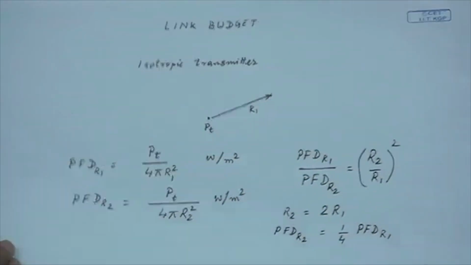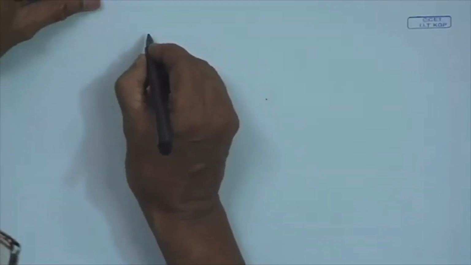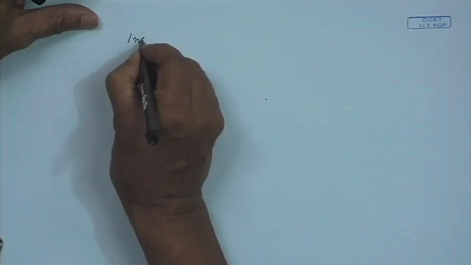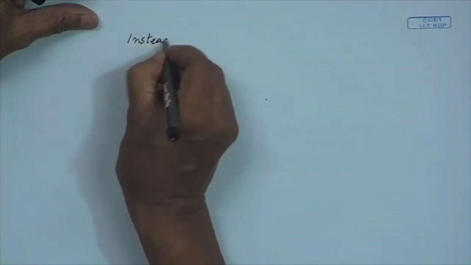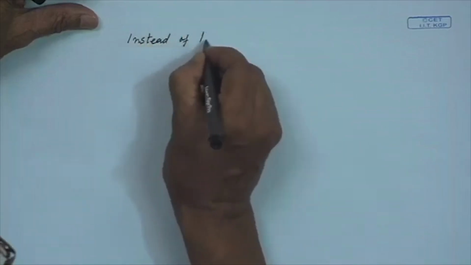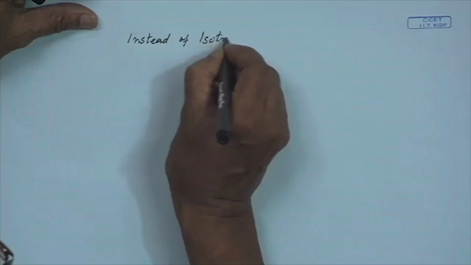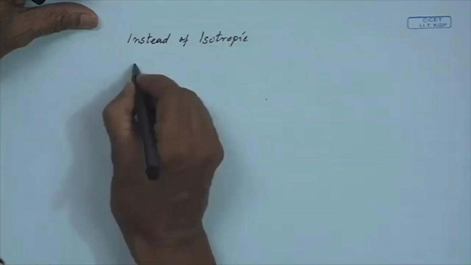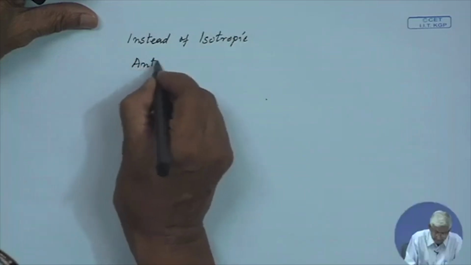Now let us look at it a little more in detail. Let us see that instead of isotropic, we have a focused radiation. Instead of isotropic, we have an antenna.